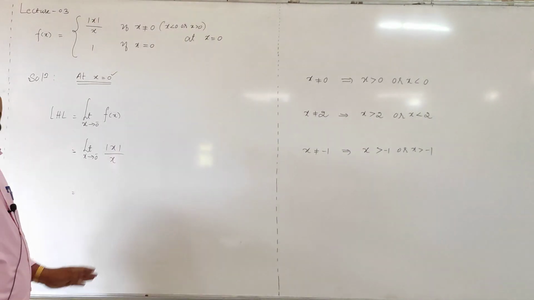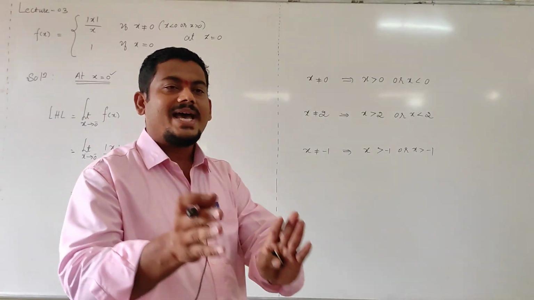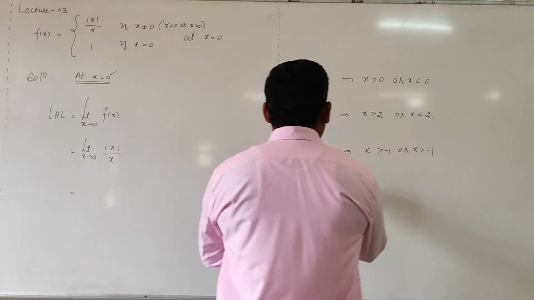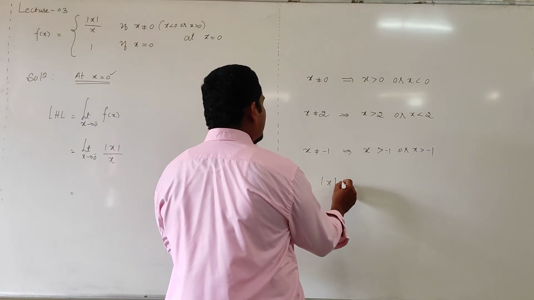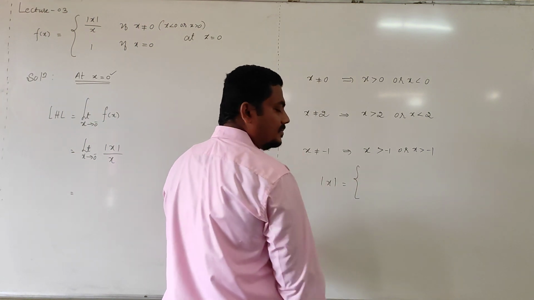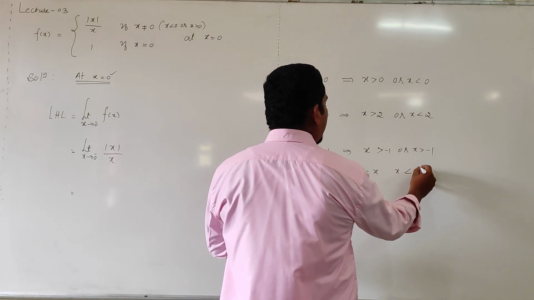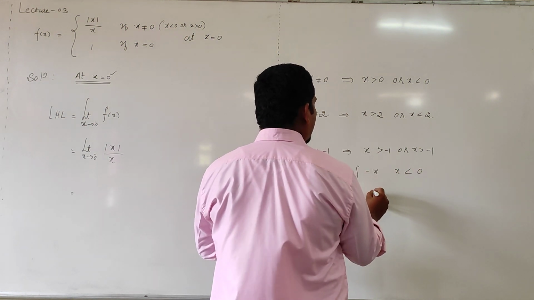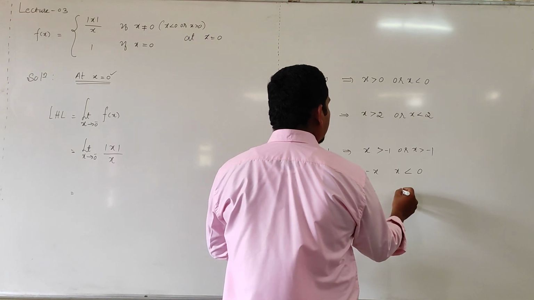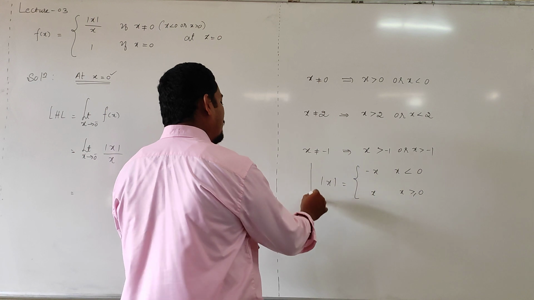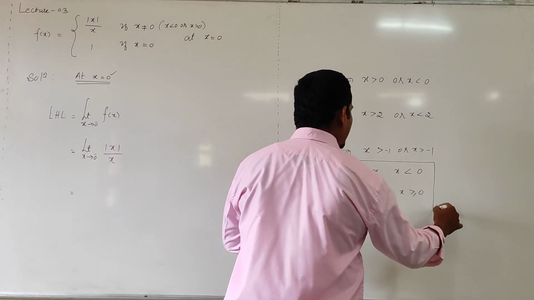Now, tell me what is mod x when x value is less than 0. We know the definition of modulus of x, right? Minus x if x value is less than 0, plus x if x value is positive or 0. This is the definition of modulus of x, right?